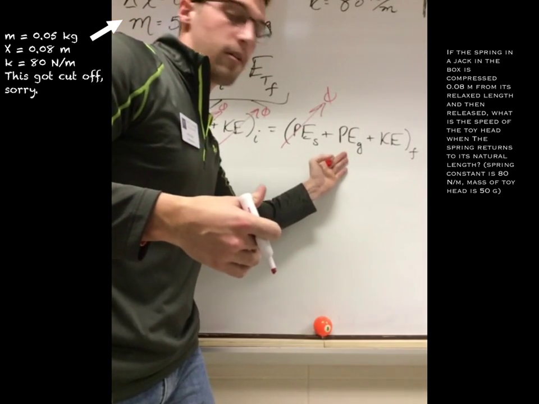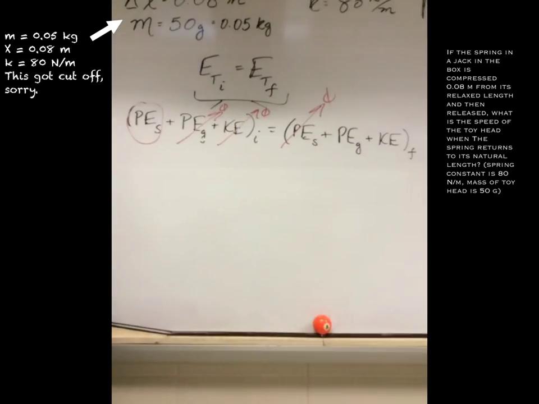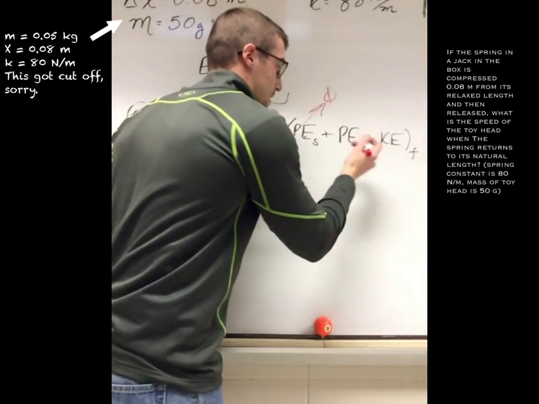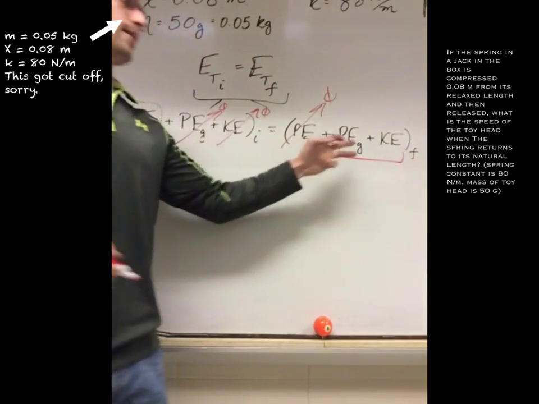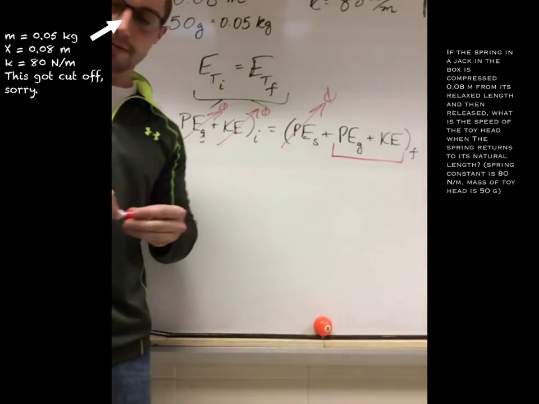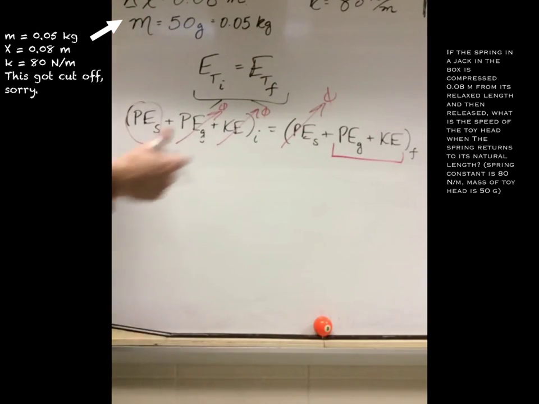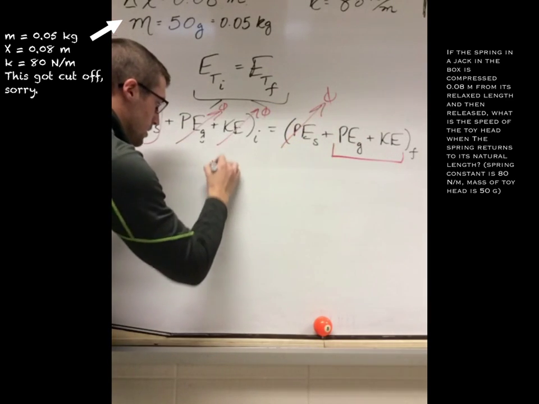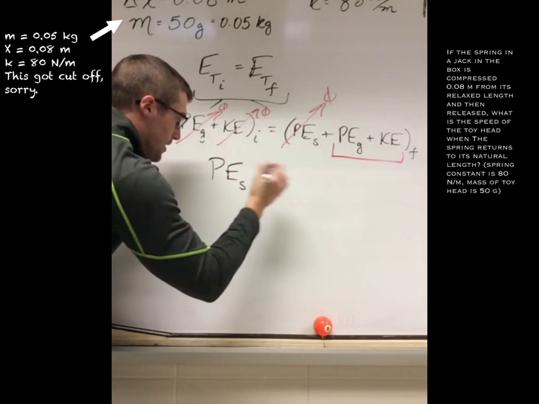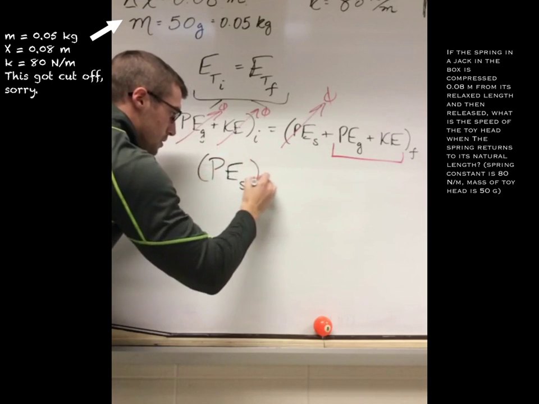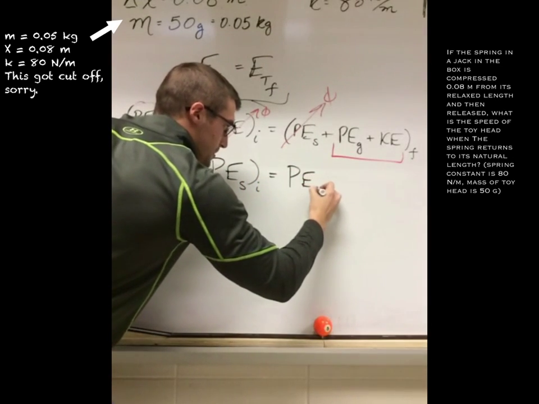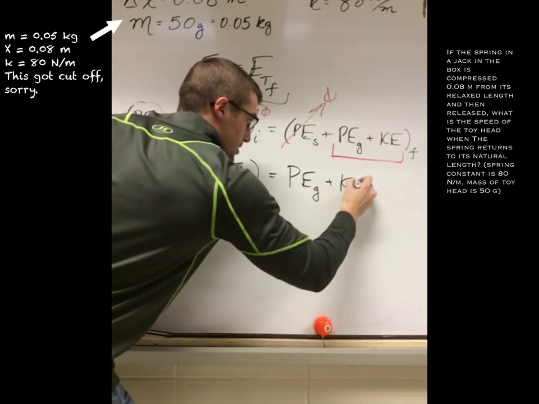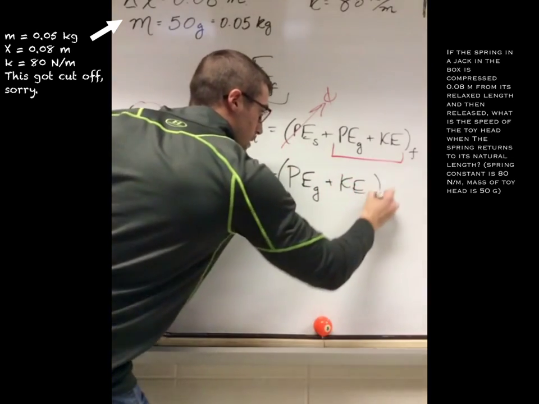But then there's also some gravitational potential there. So our energies after the event are gravitational potential and kinetic. So we can rewrite this big, long equation and say that elastic potential before is equal to gravitational potential plus kinetic energy after.